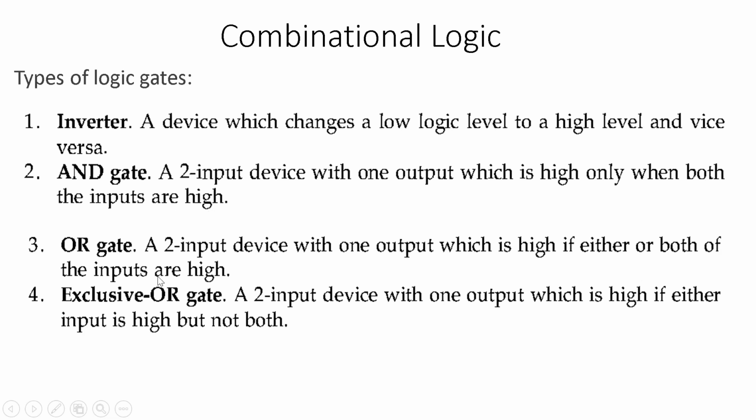The OR gate is also a 2-input device with one output which is high if either or both of the inputs are high. An exclusive OR gate is a 2-input device with one output which is high if either input is high but not both.